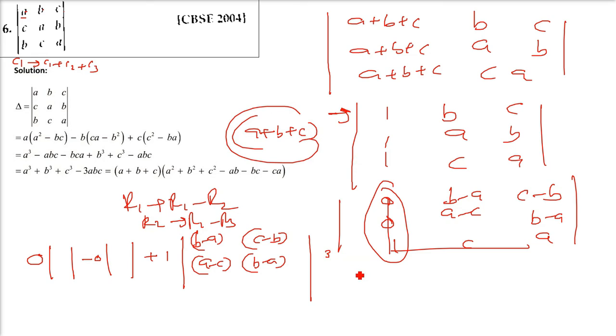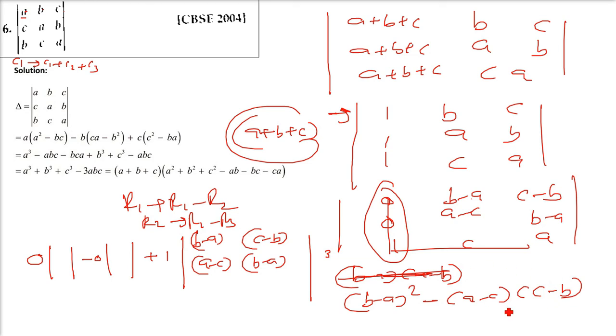That means when you take the determinant of this 2 by 2, ultimately you are going to get a square plus b square plus c square minus ab minus bc minus ca. Remember, a plus b plus c was already outside, right? So b minus a whole square minus a minus c, c minus b, just open it. Don't worry, it's going to come as a square plus b square plus c square minus ab minus bc minus ca. And when you multiply this with a plus b plus c, it is nothing but a cube plus b cube plus c cube minus 3abc.